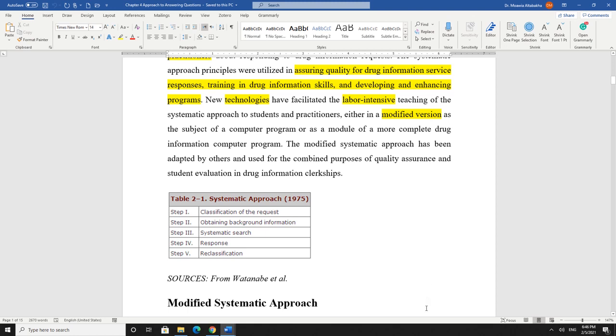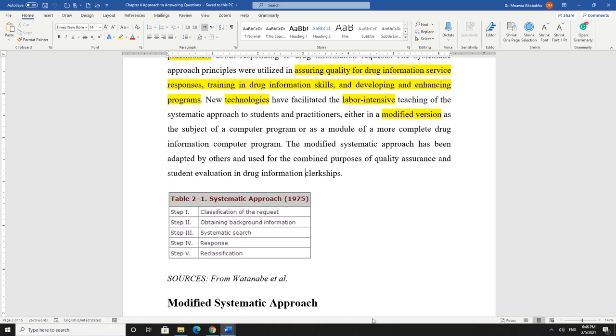Okay, let's start first with the systematic approach, and that was by Watanabe et al., and it was in 1975. So Watanabe was telling his students, okay, once you receive the question, you will write it down, and then you will need to classify the request.